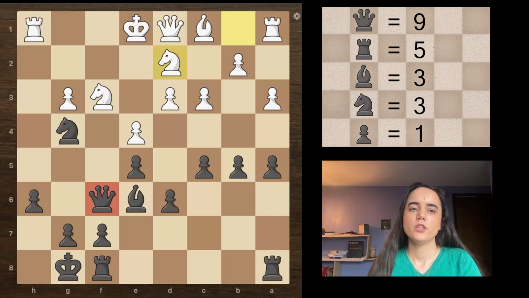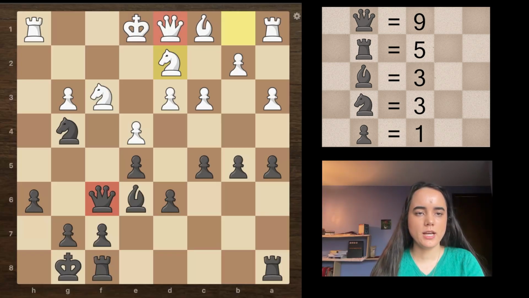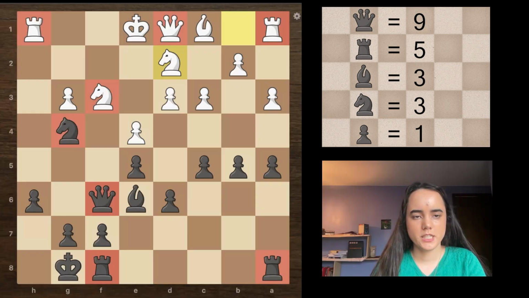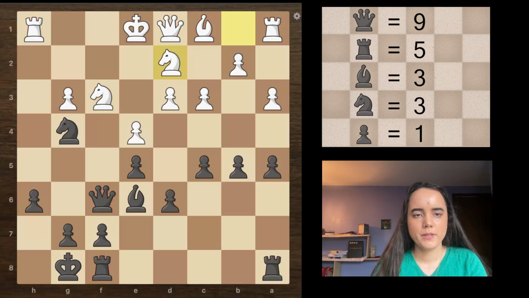So the queens cancel out. We've got 2 rooks, they've got 2 rooks, so those cancel out. We've got a knight, he's got a knight, cancels out. We've got a bishop, he's got a bishop. That cancels out. So it looks like he has an extra knight and some pawns, and we've got some pawns. So let's count up all his extra material.